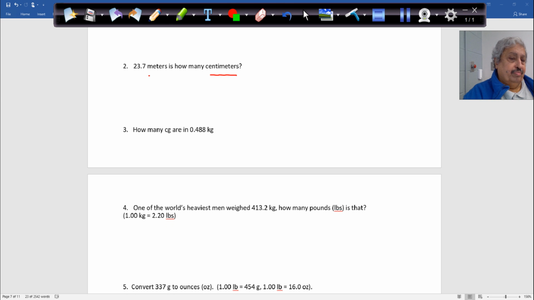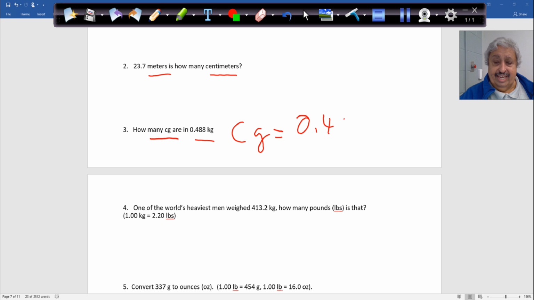I need centimeter out of meters, or I need centimeter of kilo, whatever. I can do that. Maybe the kilo with this. So I start with how many centigrams is 0.488 kilogram.